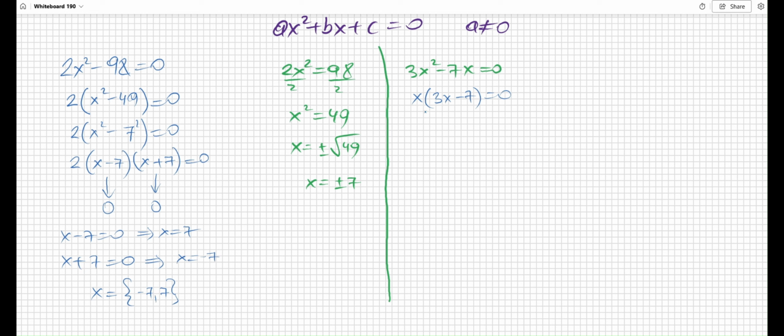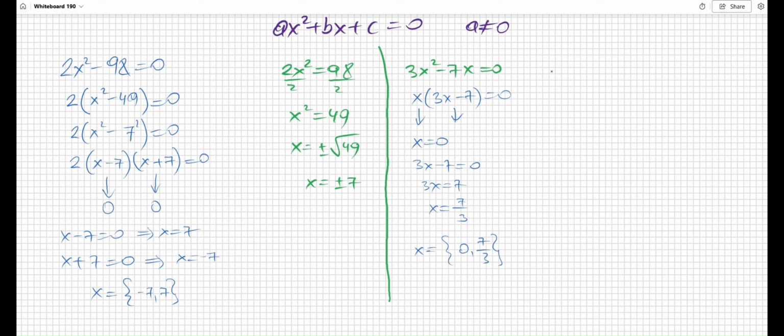And then, since now the product is equal to 0, we equalize both to 0. So the first factor, x, is going to be 0, and the second factor, 3x minus 7, is equal to 0. 3x is equal to 7, and then divide both sides by 3. X is equal to 7 over 3. So the solution set, or the x, is equal to 0 and 7 over 3.